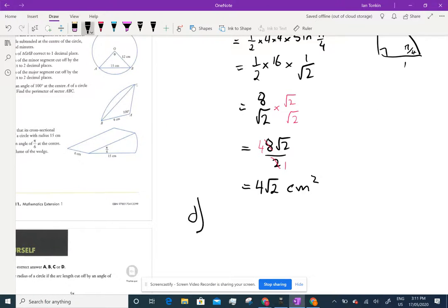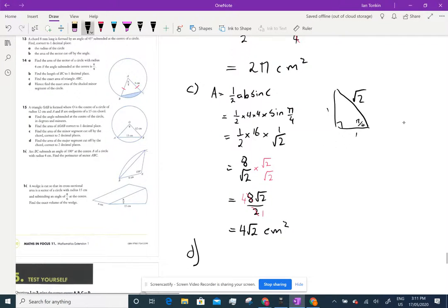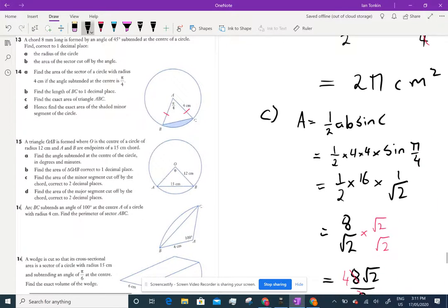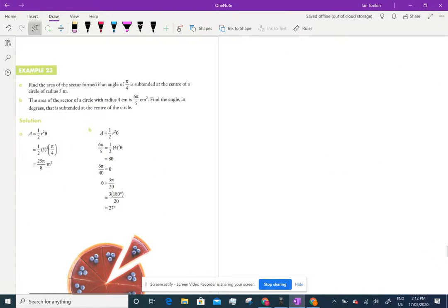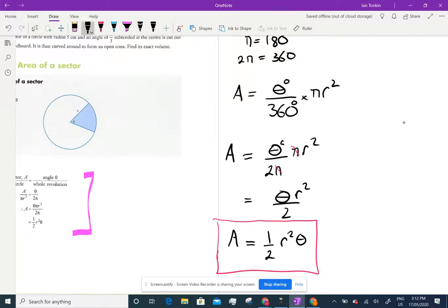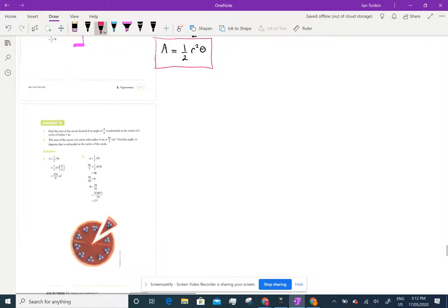Therefore, D, find the exact area of that minor segment. Okay. Now, the minor segment, they've shaded it for us. That is the minor segment. When you cut a chord in a circle, you get 2 segments. So you get the minor segment and the major segment. So if we've got another circle here that I can just show you. Okay, so if I drew that there, that's the minor segment, and the rest of it is the major segment, because it's a bigger one.